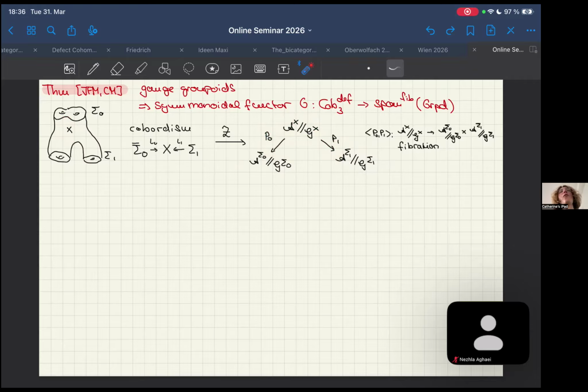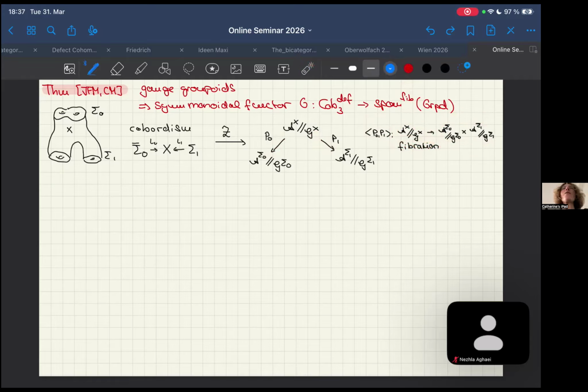What do these functors do? Essentially, they restrict the gauge field to those strata that are incident at the boundary. So this here is a span, as one can see from the picture. It's like three groupoids together with two functors. And fibrant here means that the map induced by these two functors, that goes from the big groupoid into the product of the boundary groupoids, is a fibration.